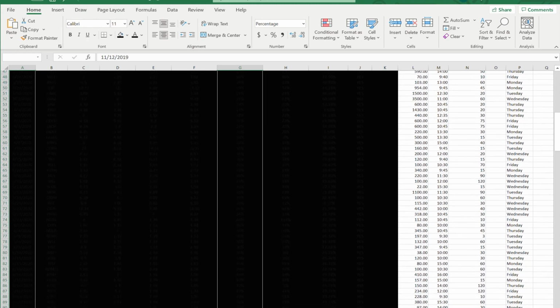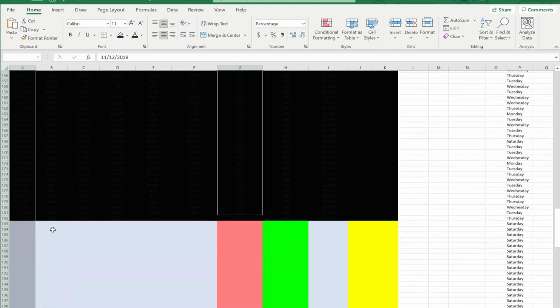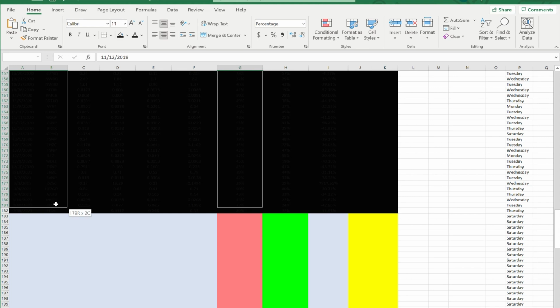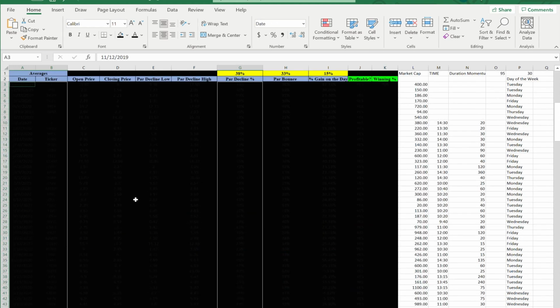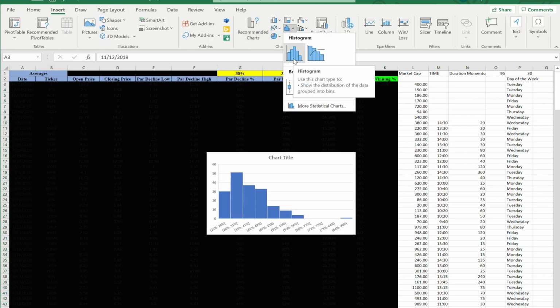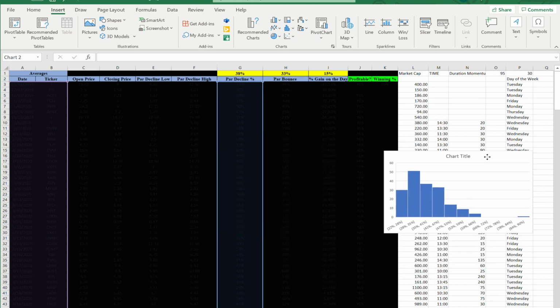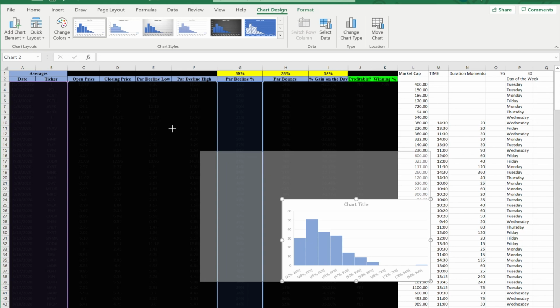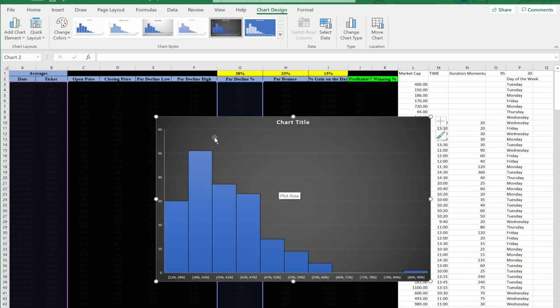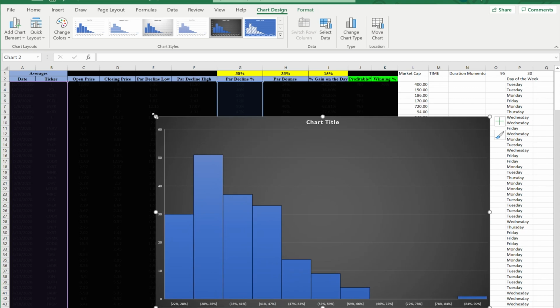I'll drag it all the way to the same level where I was getting these average percentages. Then I go up, click Insert, and I need a histogram. I click on histogram, and this is what I really care about, and this is exactly what we're going to analyze right now.